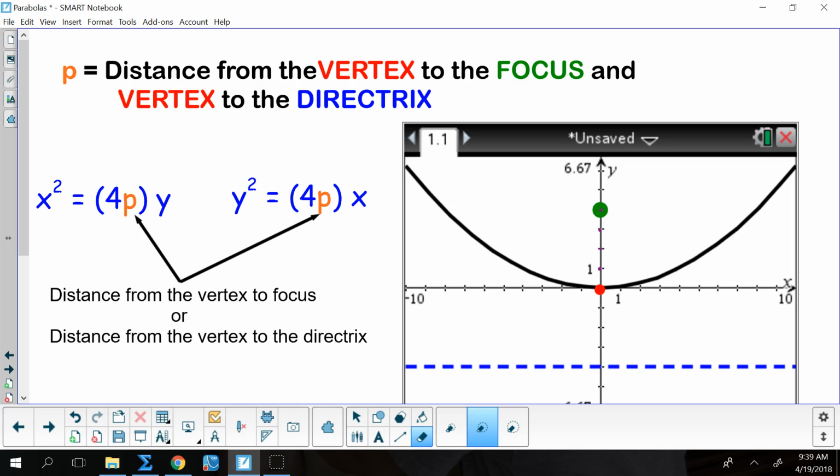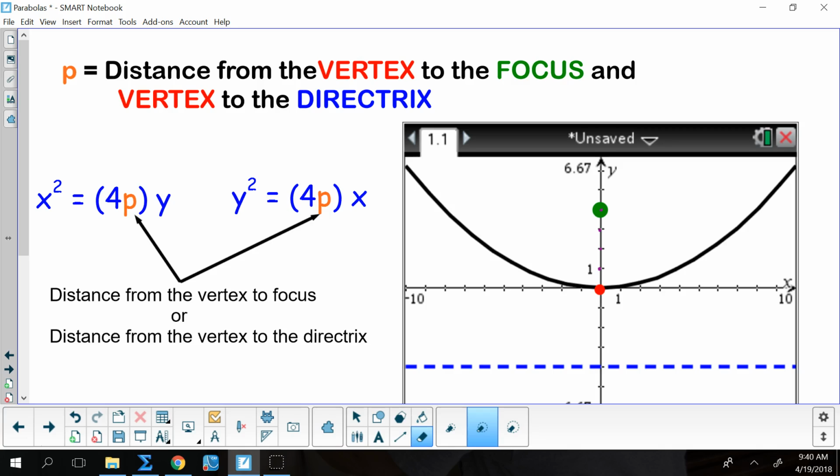Located at the intersection of the axis of symmetry and the actual parabola is something called the vertex. Okay?